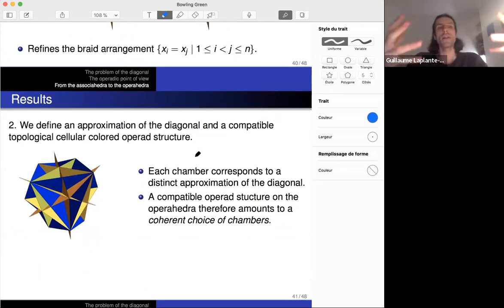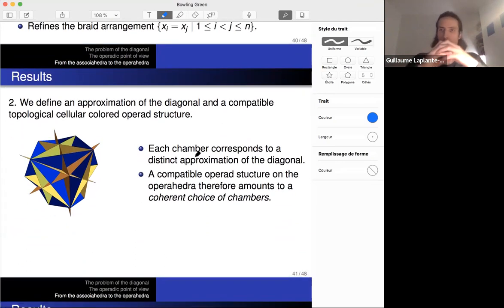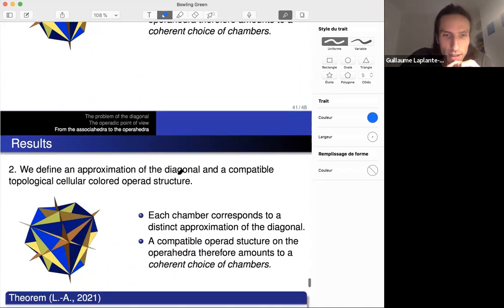So when you want to handle the polytopes with the topological operad structure, it turns out that in this case there are more degrees of freedom than in the case of associahedra. You have to make a coherent choice of chambers in the hyperplane arrangements associated to each polytope in order to get an operad structure.